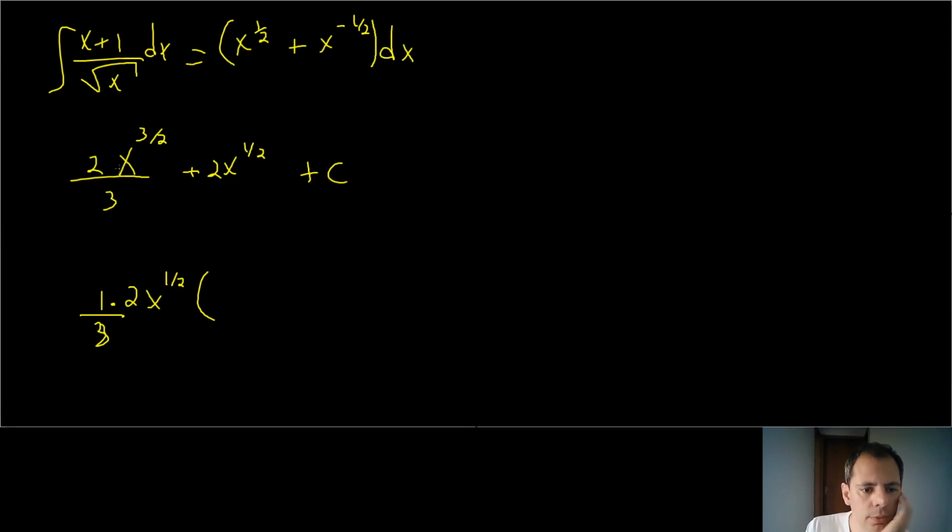Then you have x to the 3 halves divided by x to the half, so 1.5 minus half is 1, so there's going to be x, and then a plus 1, and plus c. So it's one thing that you can do.